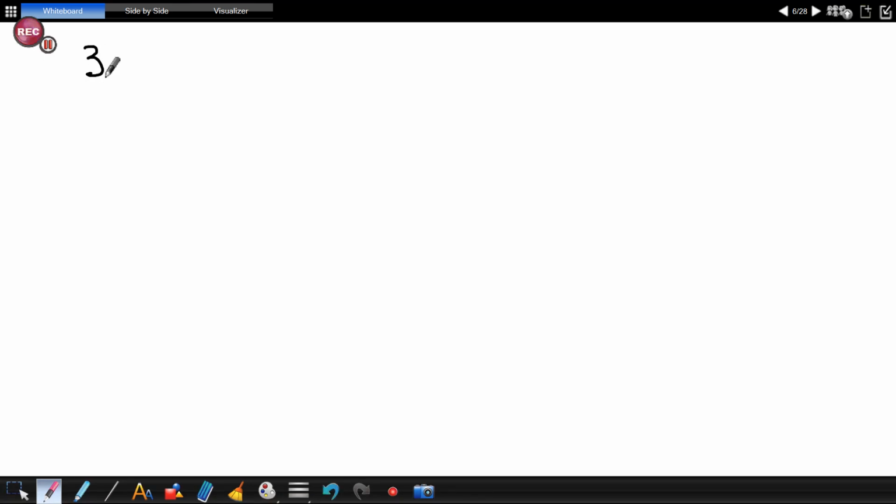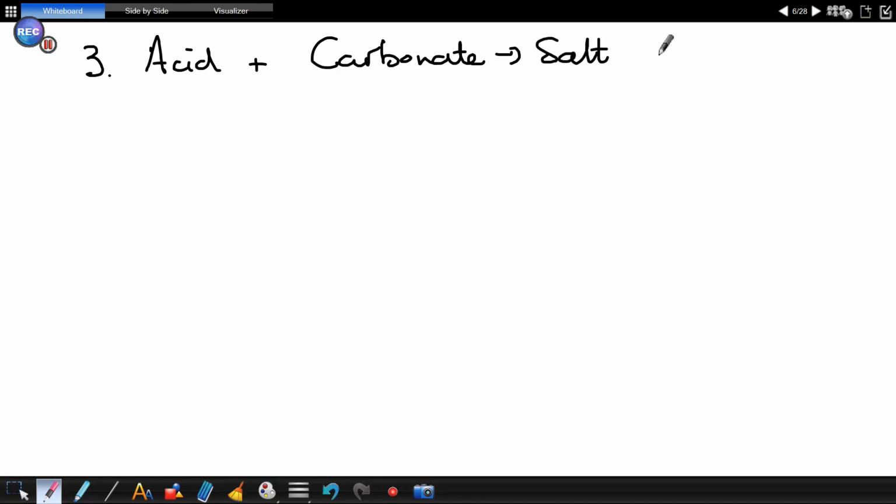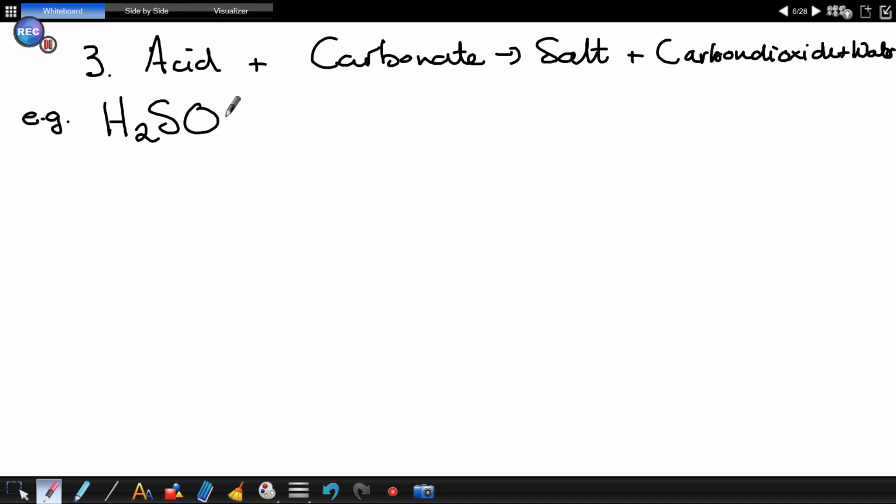So the third reaction is the acid plus a carbonate. It will make a salt, carbon dioxide and water. So some examples. Sulfuric acid and calcium carbonate.